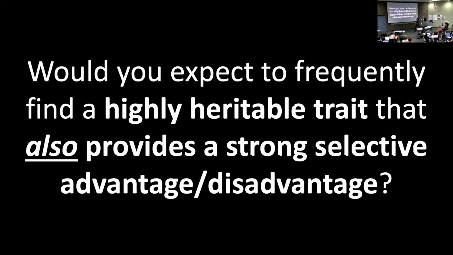So that's what I'm getting at here: you wouldn't frequently expect to find a highly heritable trait. If you calculate the heritability of that trait, it would not have a high H squared if it was also under strong selective pressure, if it had a strong benefit or cost.